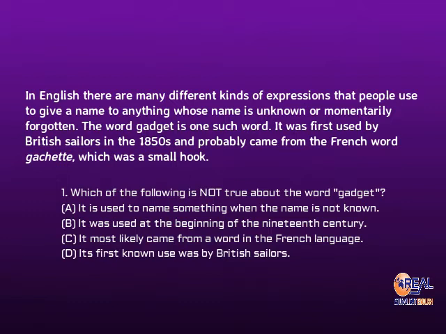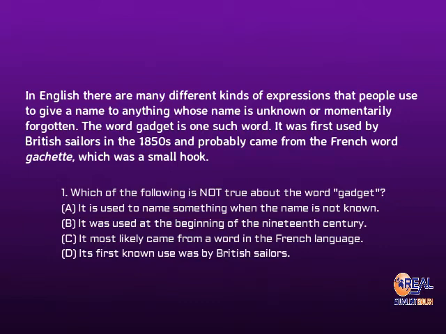It's there, it probably came from the French word gachette. And D, its first known use was by British sailors. It's also there, it's stated, right? It was first used by British sailors in the 1850s. So yes, the answer is B because it doesn't match. The 1850s is the middle of the 19th century, not the beginning.